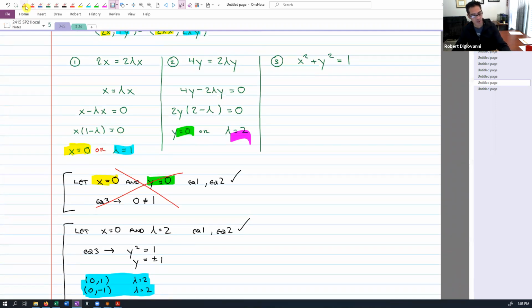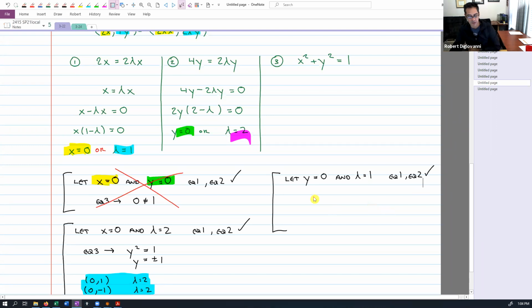And so now we need to continue. I'm going to try a different scenario. I'm going to let y be 0 here, and that'll make the second equation true. But over here, again, I can't let x be 0 because then we'll have the same problem we ran into in this case. So I have to let lambda be 1. If we do that, then the first equation and the second equation are true.